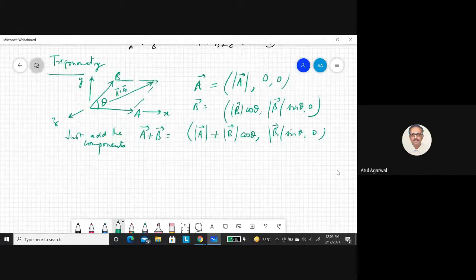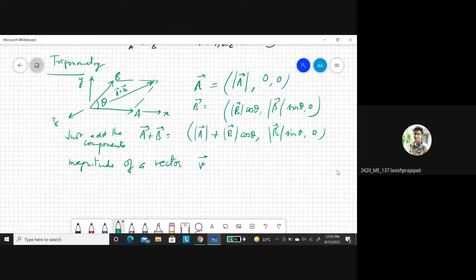So what is the magnitude of a vector? How do you find the magnitude of a vector? Suppose this is a vector v.